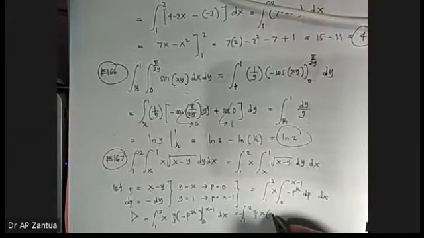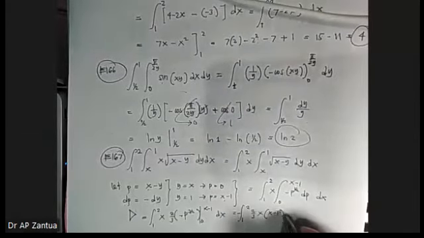And then 2/3 x, 2/3 x. And then substitute the upper limit alone. That is x minus 1 to the 3/2.